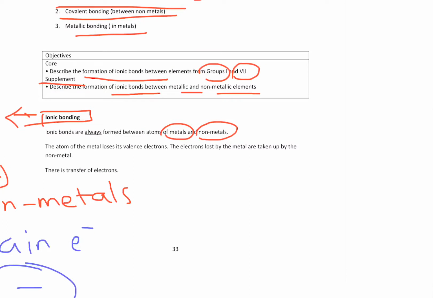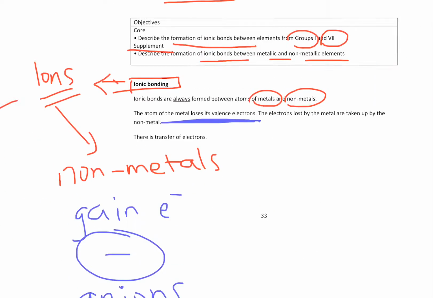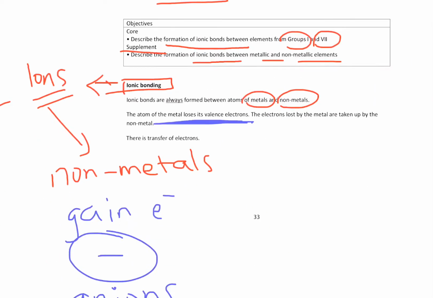So an atom of the metal will lose its valence electrons. An atom of the non-metal is going to gain that electron lost by the metal. So metal and non-metal in contact with each other will react.